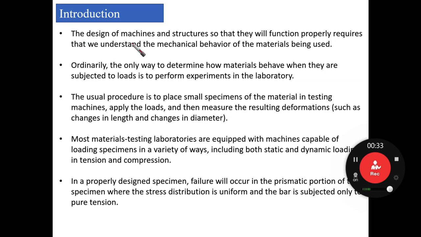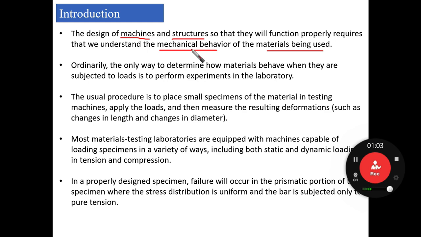The design of machines and structures so that they will function properly requires that we understand the mechanical behavior of the materials being used. This is something very important. In order to design structures and machines, we need to know what the mechanical behavior of the material is going to be.